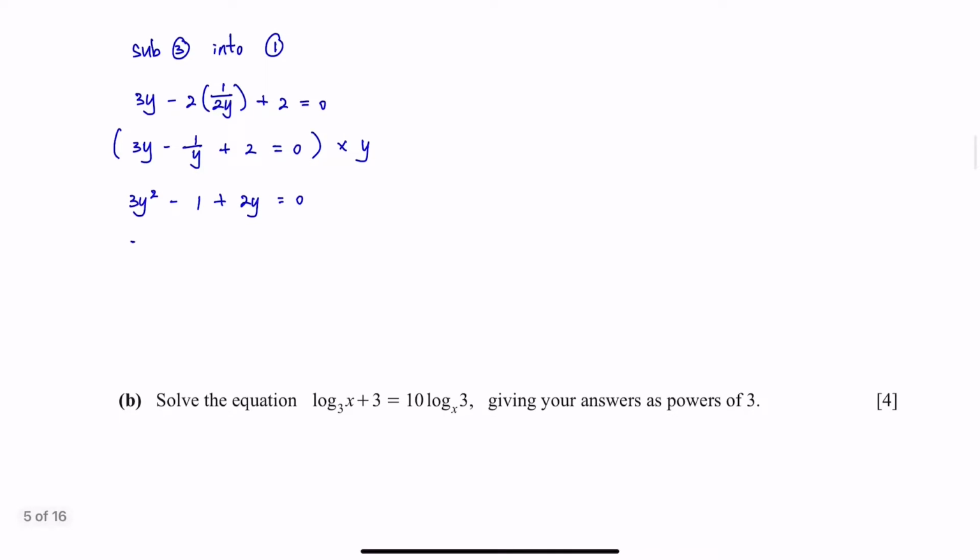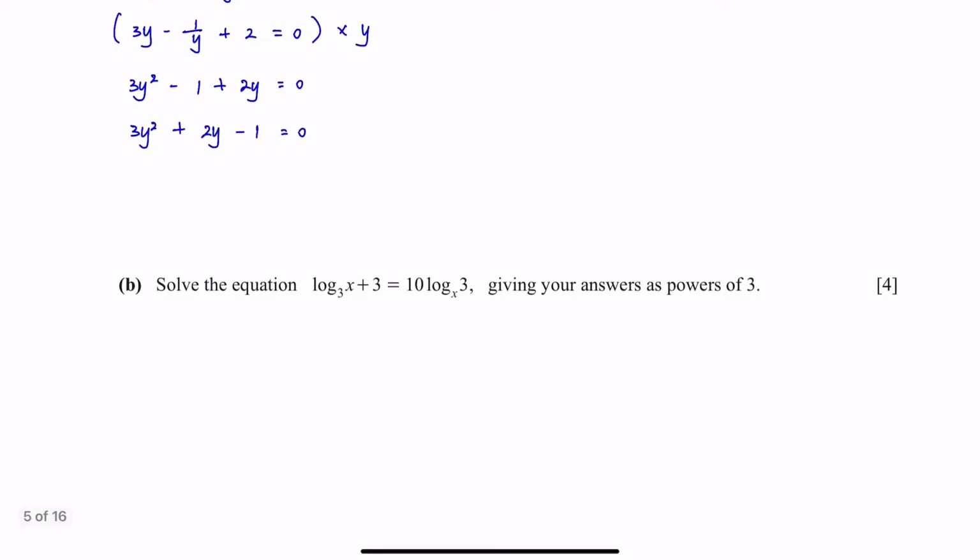We rearrange the equation to get 3y squared plus 2y minus 1 equals 0. So now we factorize the equation. We have (3y minus 1)(y plus 1) equals 0. So we have y equals 1/3 and y equals negative 1.